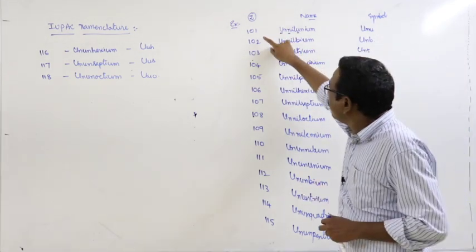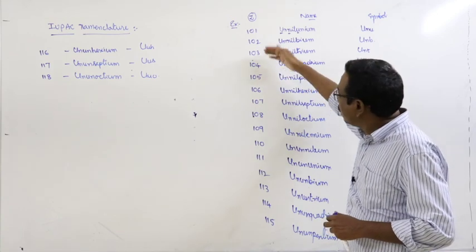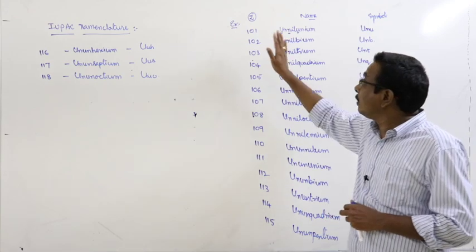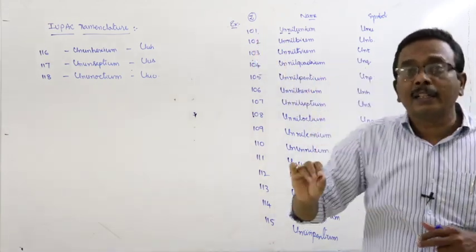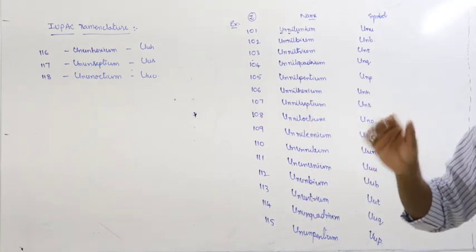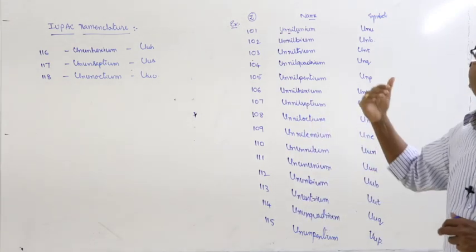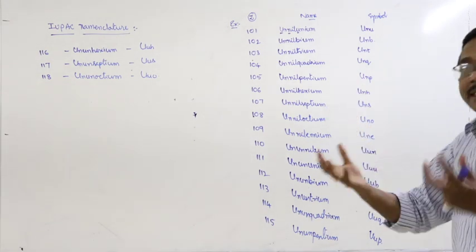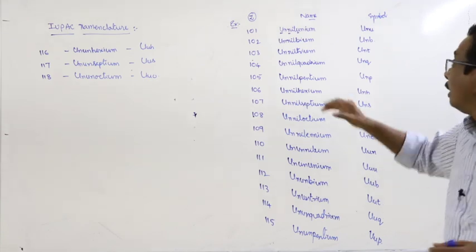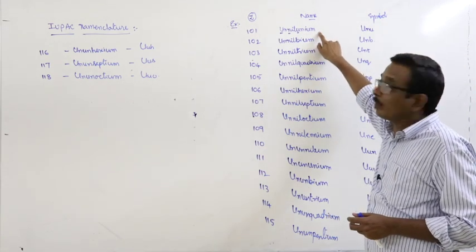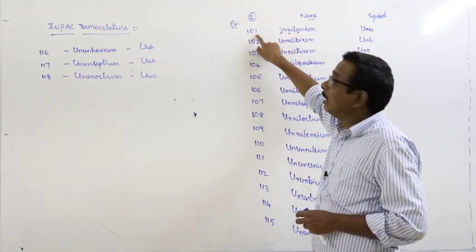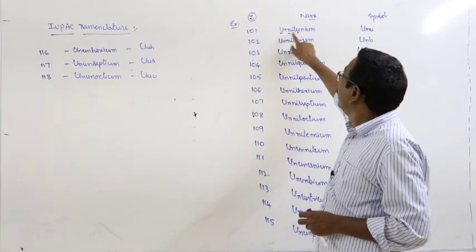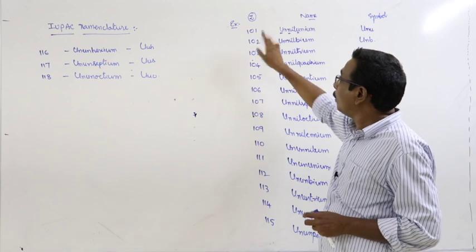And here 101, 102, 103, 104, these are all the atomic numbers. Based on the atomic numbers, we can write the numerical roots or names of the numerical roots in the Latin language, and finally we are adding the names of the three digits and adding a suffix that is ium. Take for example 101, un, nil, un, ium, unnilunium, 101.